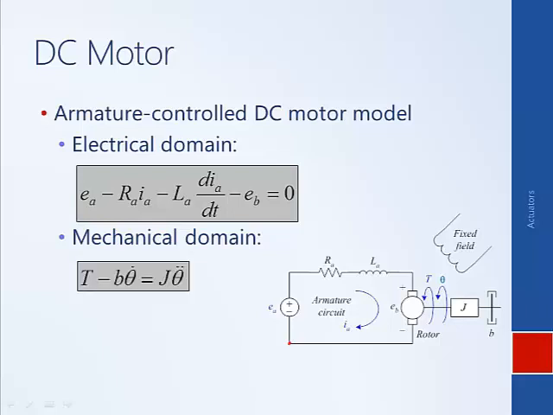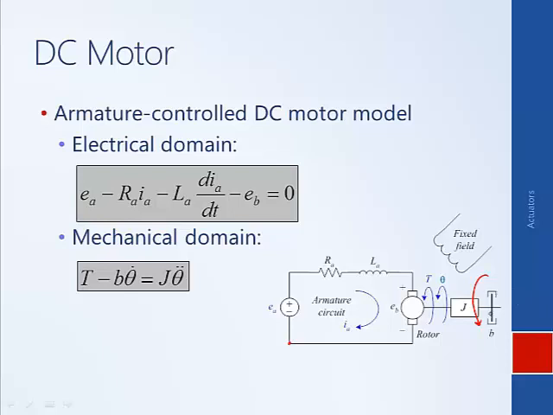In this case, the torques or moments acting on the inertia are the torque generated by the motor, T, and then there's a resistance torque due to the friction.